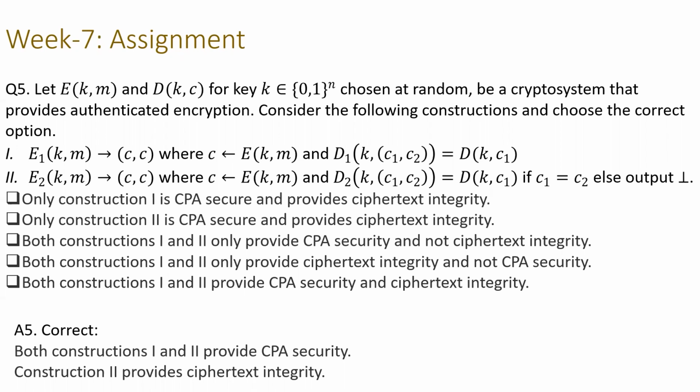So C1 dash has to be equal to C2 dash. But this C1 dash cannot be anything, like, in the ciphertext integrity game, the adversary is allowed to see any ciphertext, right? In the form C, C.